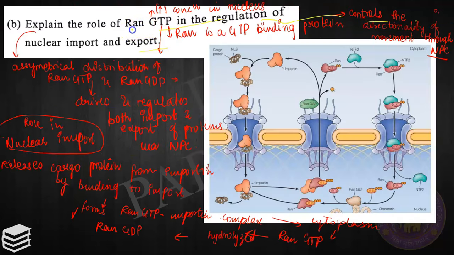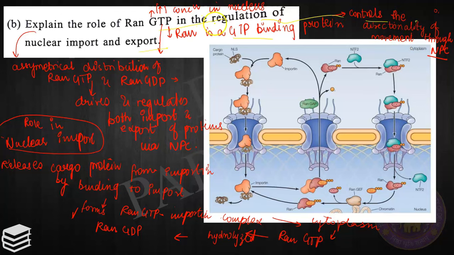B part: explain the role of RAN-GTP in the regulation of nuclear import and export. So RAN is a small GTP-binding protein and it plays a central regulatory role and controls the directionality of transport across the nuclear pore complex.